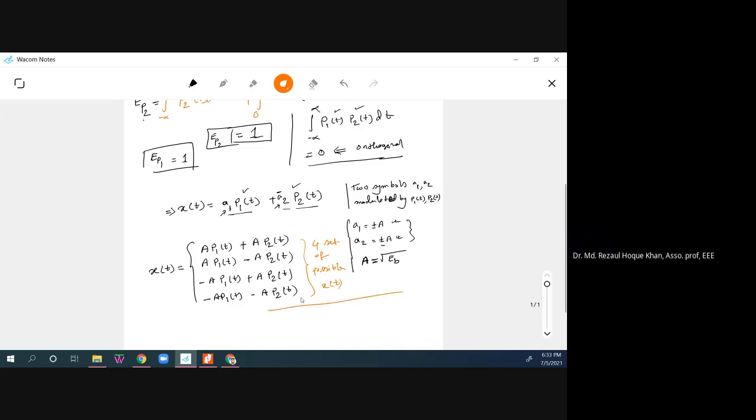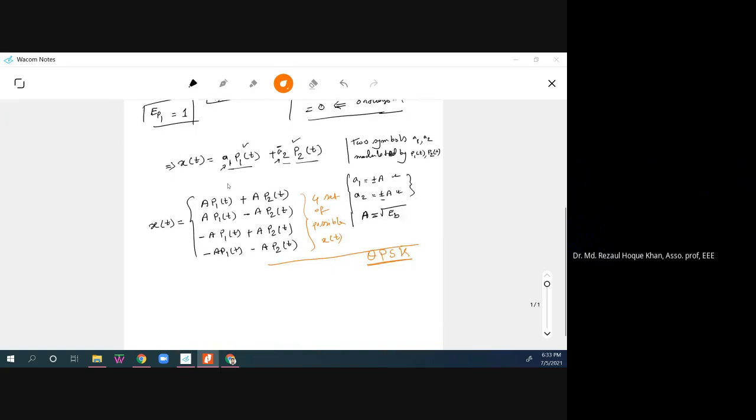That's why it is called quadrature phase shift keying, QPSK, because every signal has 4 possibilities, and each symbol carries 2 bits in this case. Okay, let's see what we do on the receiver side.